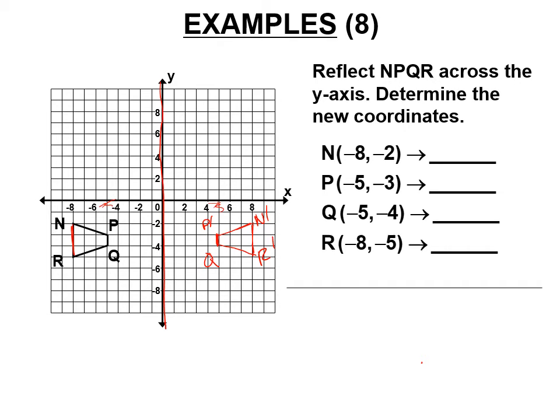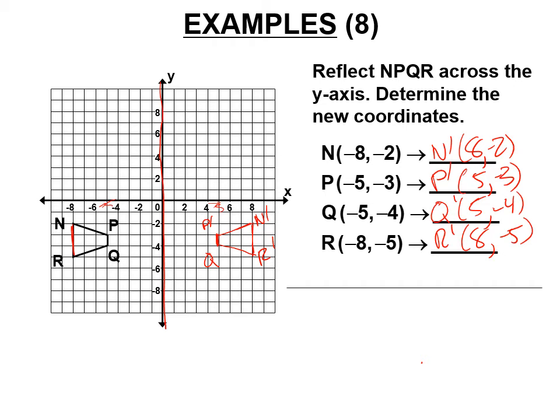So you could make the drawing first and then just read the coordinates, or you could realize when you go across the y, it's the x-coordinate that becomes the opposite. So (8, -2), (5, -3), the y-coordinate stays the same, (5, -4), and (8, -5), right? And there they are.